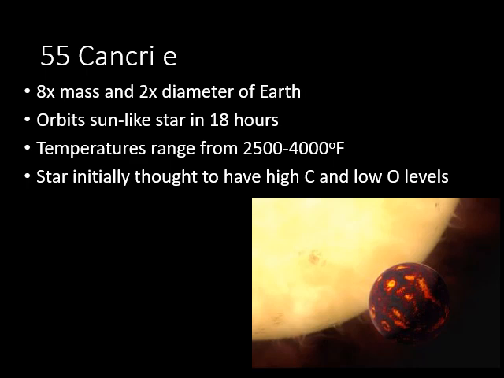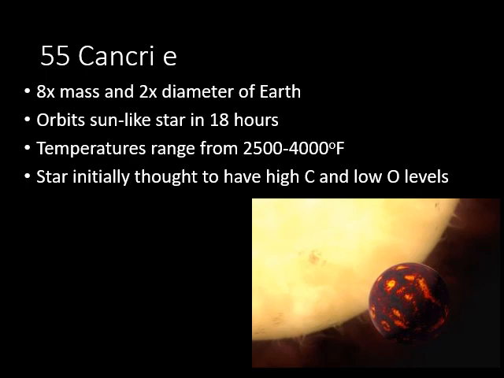Now, why is this at all interesting and relevant? Well, the amount of material that's not hydrogen and helium inside of a star gives us clues to what the nebula was like that originally formed the star and the planetary system.